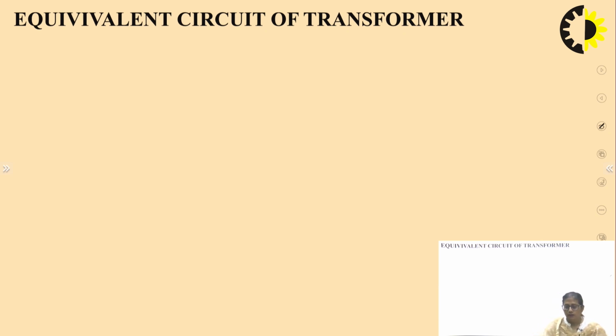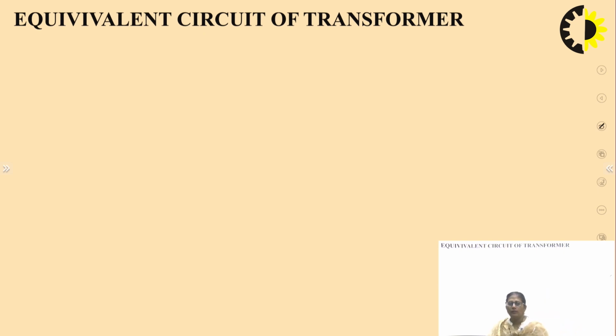Likewise, the very first one is the exact equivalent circuit of the transformer. The way the transformer is, and how the transformer is having its two windings. One is primary winding, one is secondary winding. Both the windings are electrically isolated, right, but magnetically coupled by a common magnetic core, right?